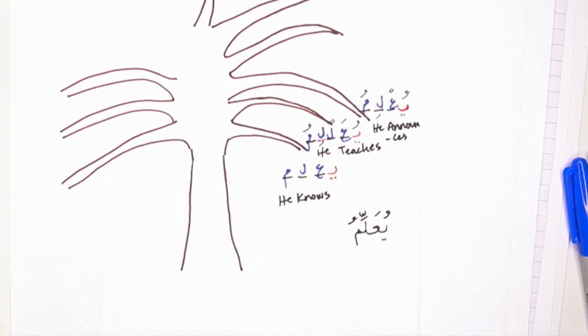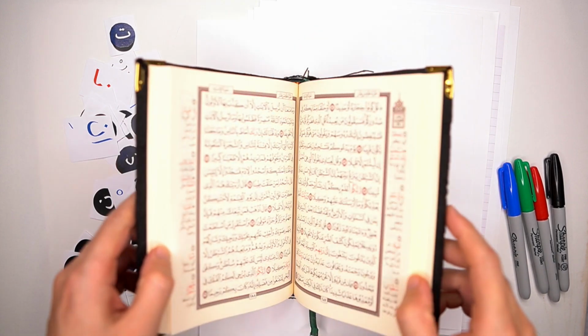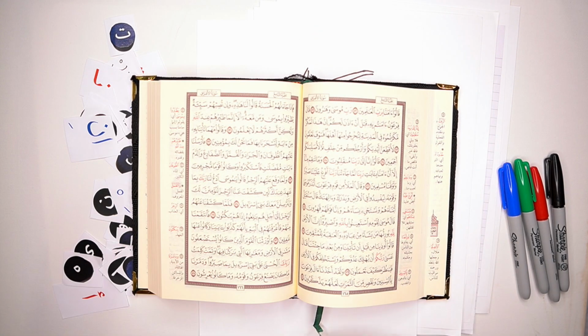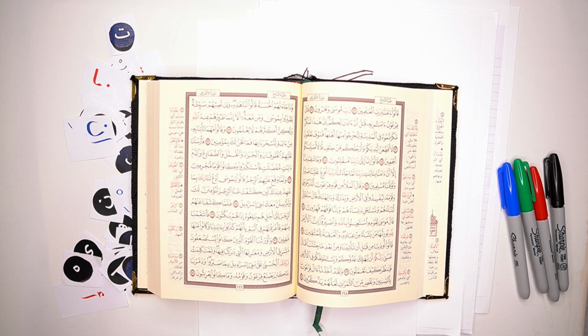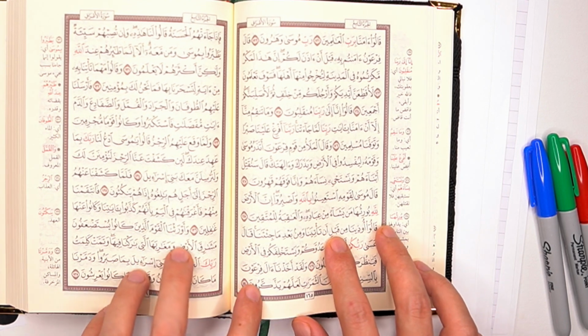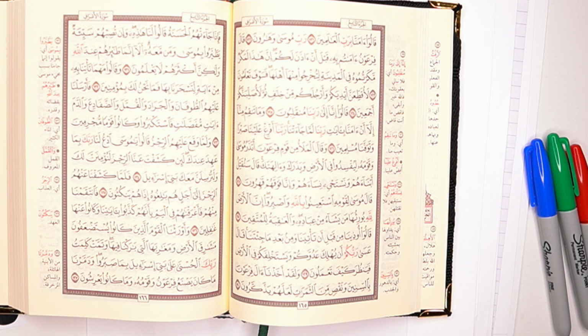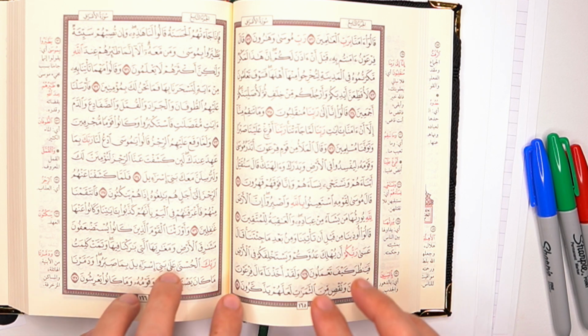So we're going to continue now, and I just want to show you guys in the Quran some examples for you guys to be able to practice. Now, have you guys been practicing in the Quran? Have you guys been looking at examples or anything like that, right? Because that's the way you're going to improve.